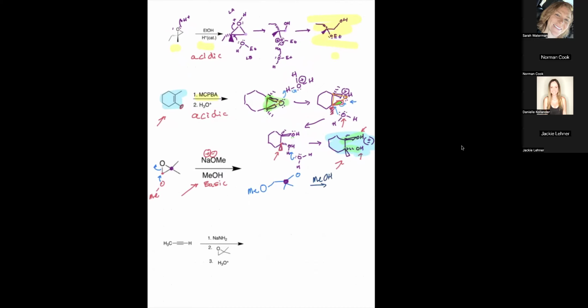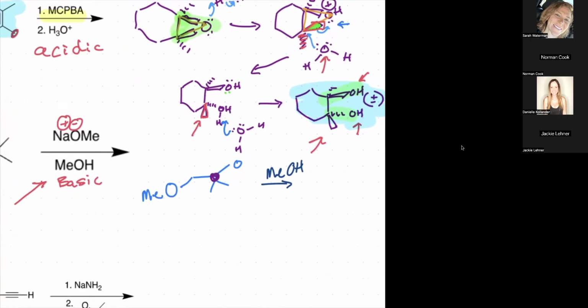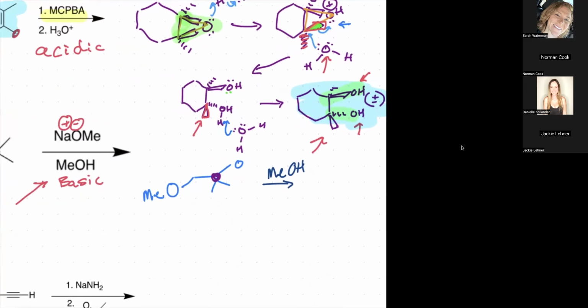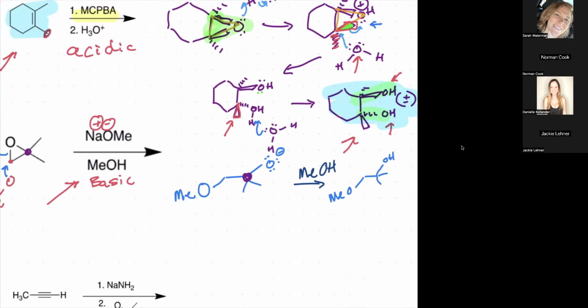I changed my color. So then what we end up having is it just turns our oxygen, right? Just gives it the hydrogen. So then we have the OMe for alcohol, right? Any issues with that?